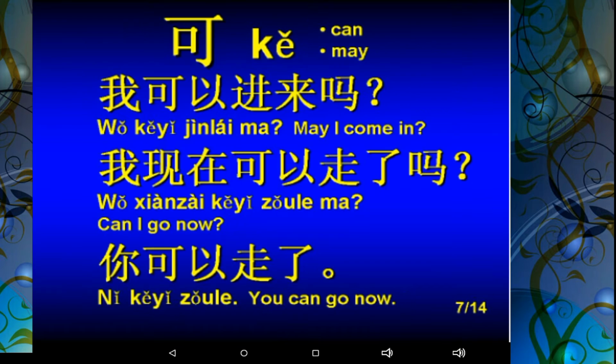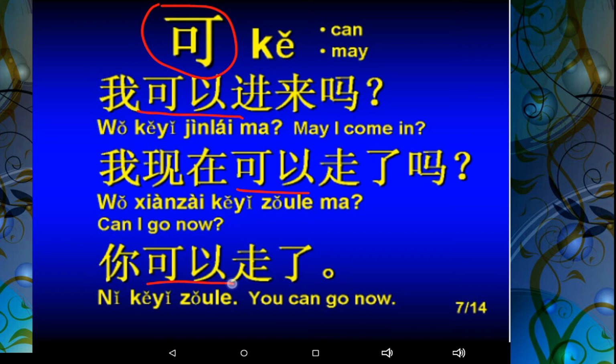Now, I want to discuss with you something about these 3 sentences that I used. I am, of course, talking about the ke character. But if you notice, I used 可以 in this sentence, again in this sentence, and in the third sentence.